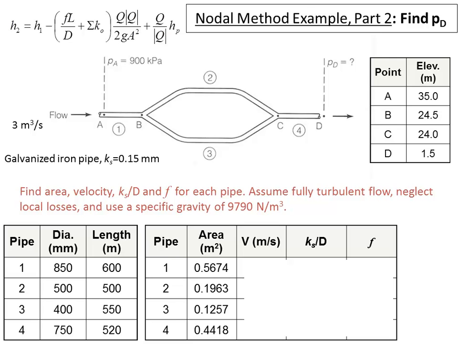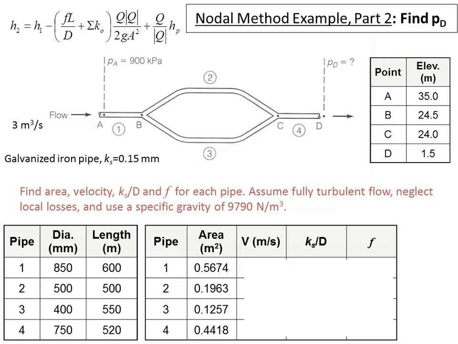Remember that the main relationship that governs is that the head loss due to pipe friction through pipe 2 is equal to the head loss due to pipe friction through pipe 3. And then it was that substitution we used to find the velocity through each pipe. Because remember, head loss due to pipe friction, according to the Darcy-Weisbach equation, is f L V squared divided by 2 D g.